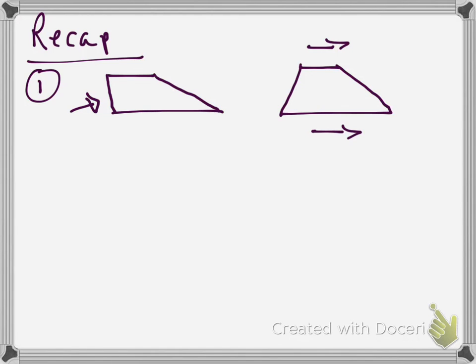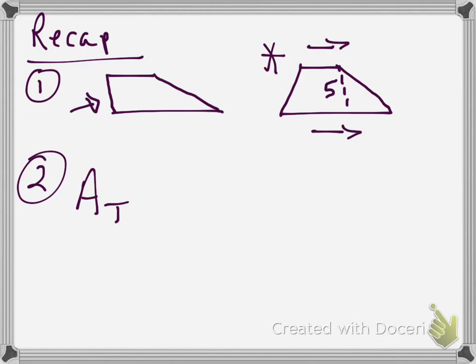When you have this type of trapezoid, there's going to be some indication on the drawing somewhere of what the height is, something like this that would show you that the height is, say, 5.